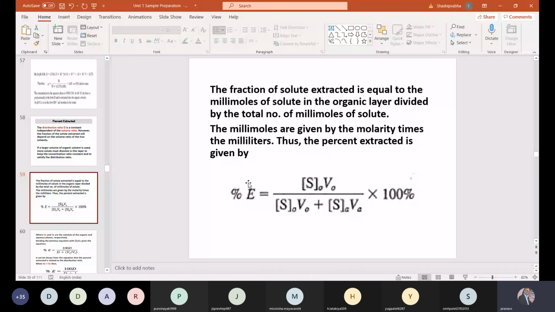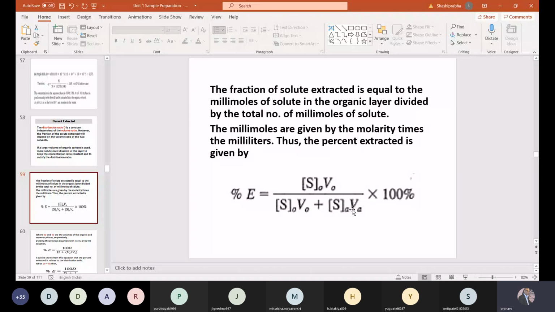And if you want to find the percentage extraction, we should know the millimoles which are extracted and the millimoles which were present initially. Initially means the one that was extracted plus the one which is left after extraction.